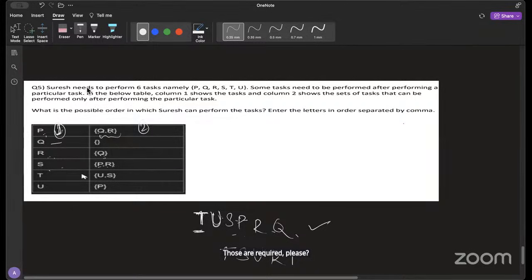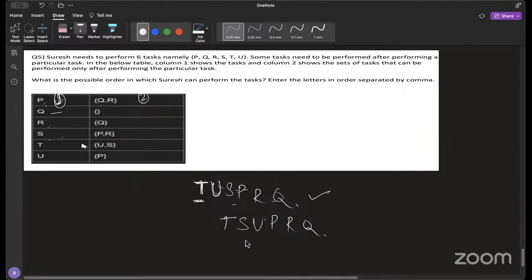R requires P, right? Yeah, I think these are two possible orders.